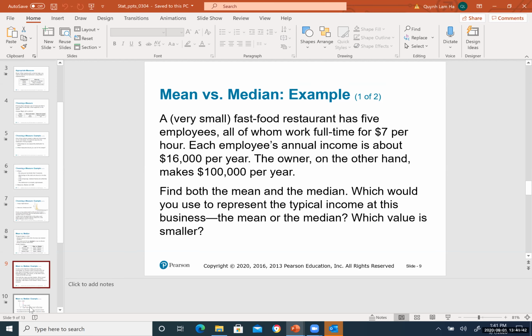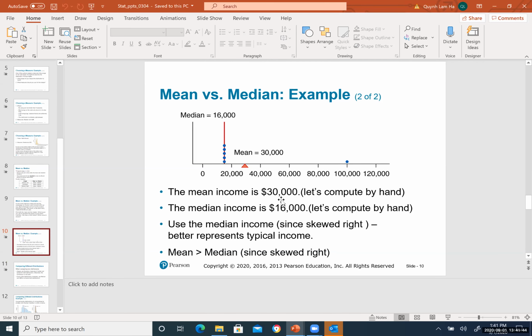If you compute the mean, you add all of this data, 5 employees and 1 owner, 16,000 times 5 plus 30,000 plus 100,000, and you find the mean is about 30,000. Which is not correct because it's outside of the actual values. The majority of them make 16,000. So the best way for skewed data, you have to find the median. That is the reason why.